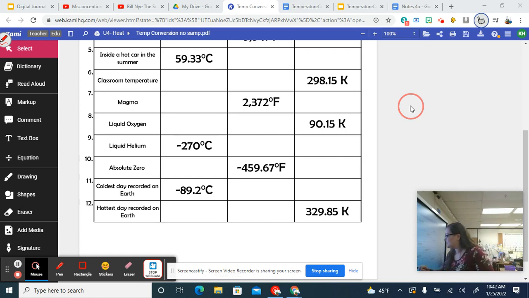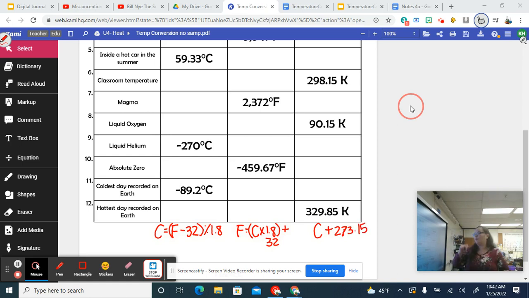Celsius equals Fahrenheit minus 32, and then divide by 1.8. Fahrenheit equals Celsius times 1.8, and then add 32. And for Kelvin, it's Celsius plus 273.15. All right, so our formulas are now there.